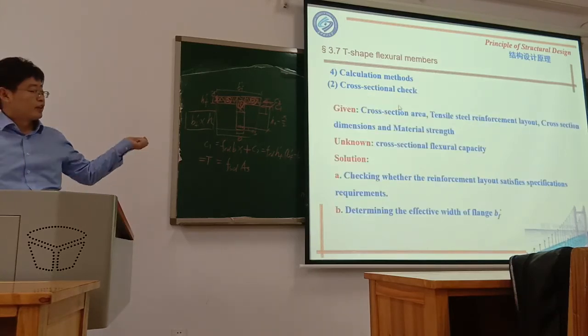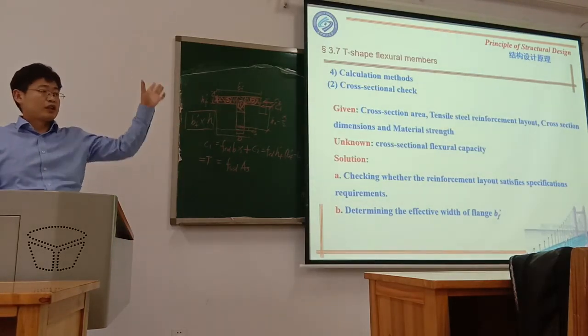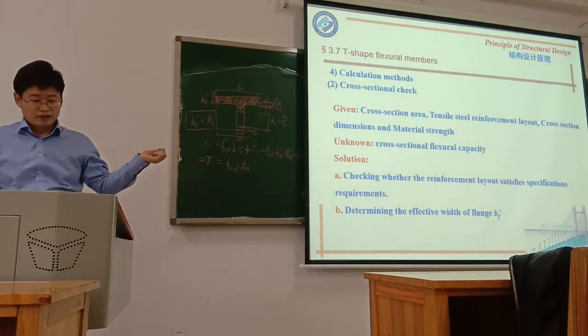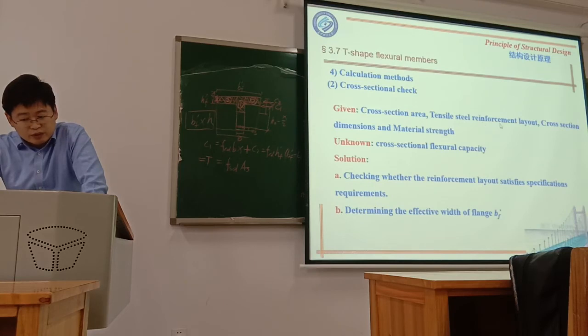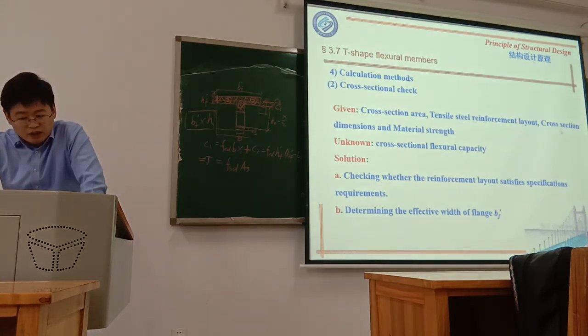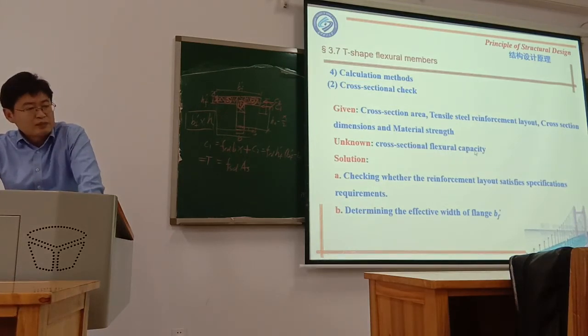So this is the calculation. Just like the rectangular shape, after you calculate, you need to check. The given conditions are the cross-section area, tensile reinforcement layout, cross-section dimension, and material strength. The aim is the cross-section flexural capacity, that means MU.